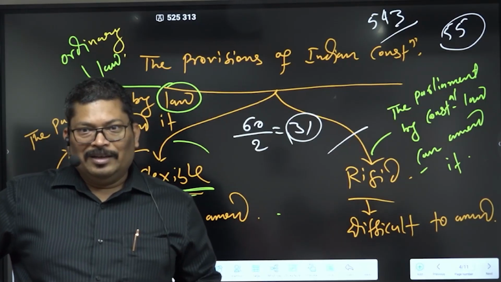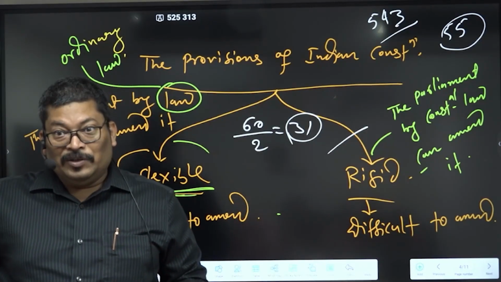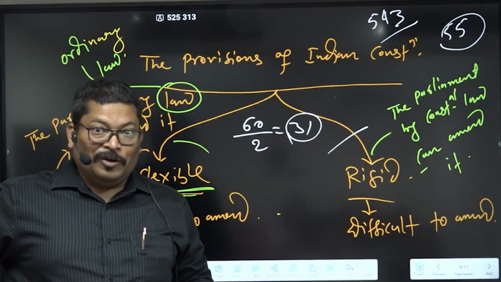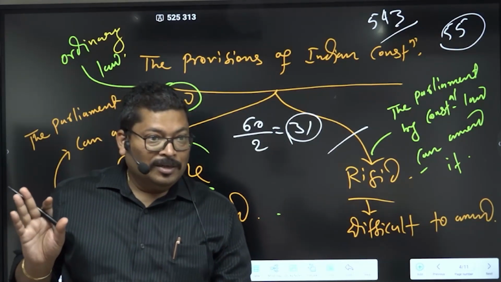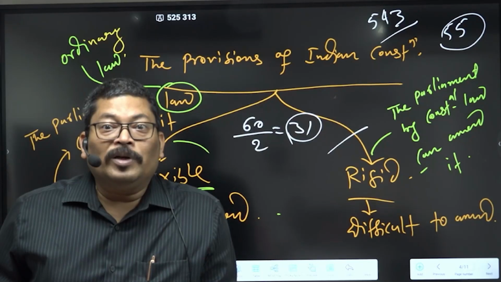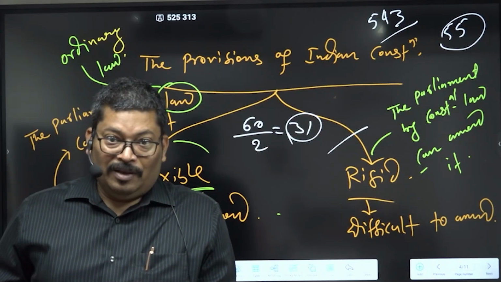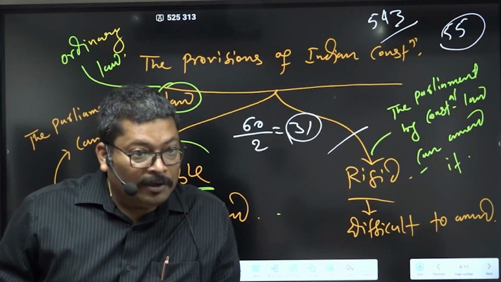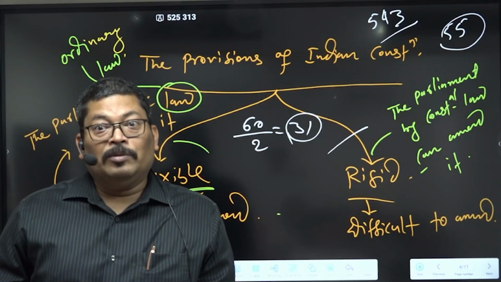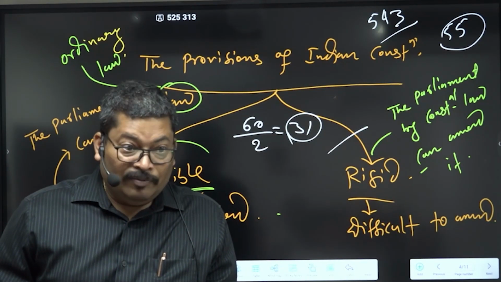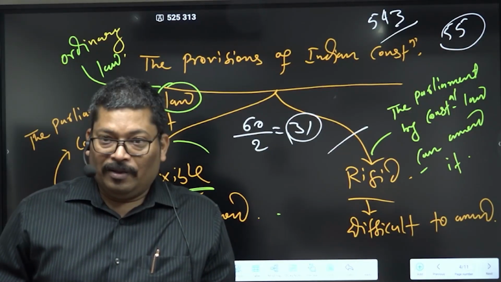But in case it is needed to carry out amendment against a rigid provision, now the Parliament shall have to follow the path of constituent legislative jurisdiction. The Parliament needs to follow the procedure prescribed under Article 368, and that procedure is a difficult one.